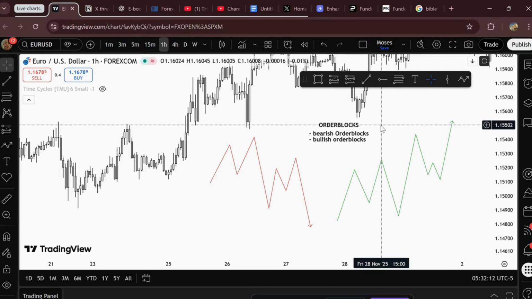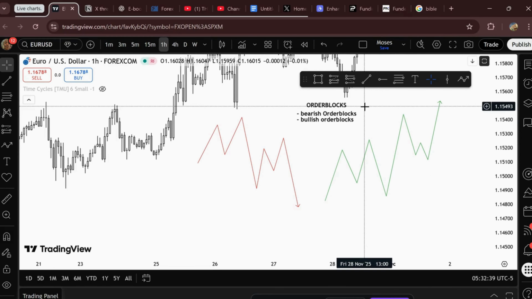We spot them by pointing out, for bearish order blocks, the last bullish candlestick before price reverses downward, and for bullish order blocks, the last bearish candlestick before price reverses upward.